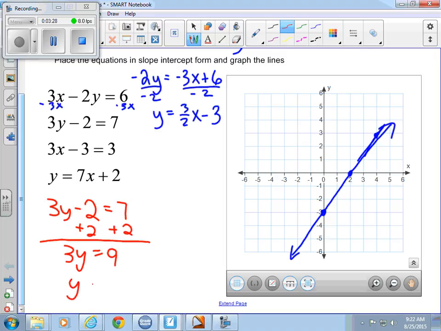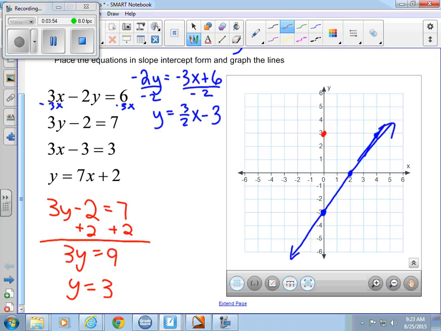So y equals 3. Where's the x? Hey, there's nothing there. Something's weird about it. What's the y-intercept? 3 is the y-intercept. And there's no slope. What does that mean?